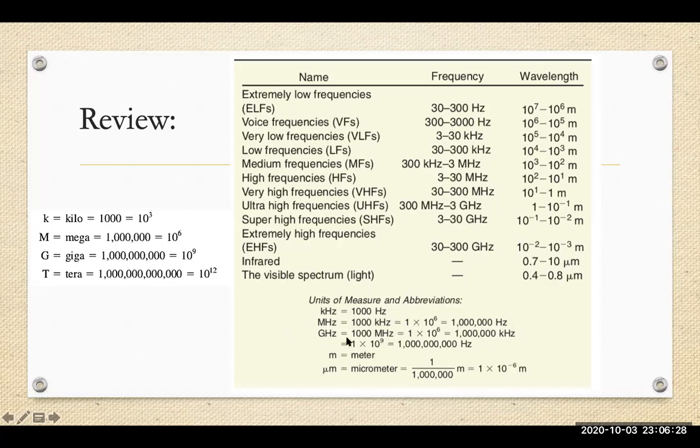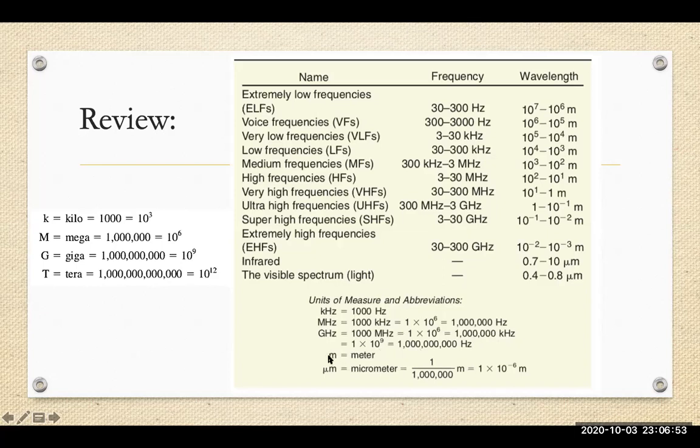For gigahertz, this is equal to 1,000 megahertz, or 1 million kilohertz, or basically, 1 gigahertz is equal to 1 times 10 raised to 9, or 1 billion hertz.